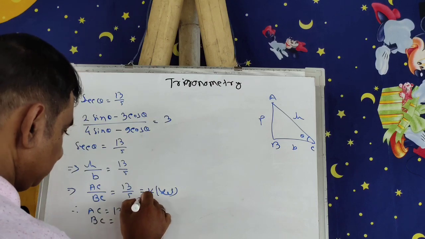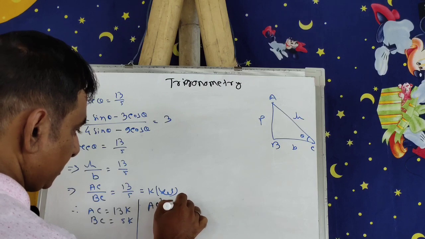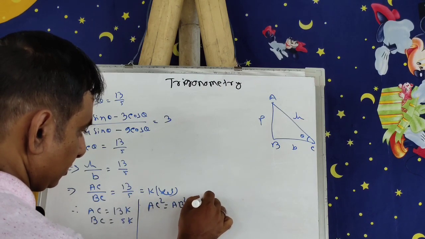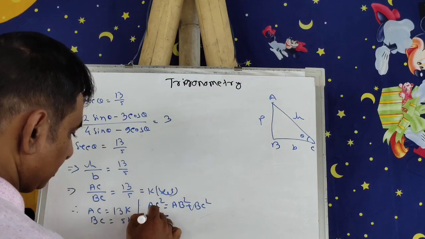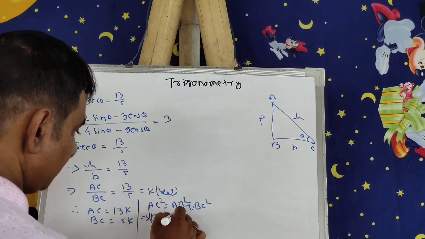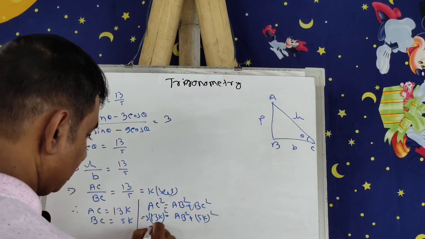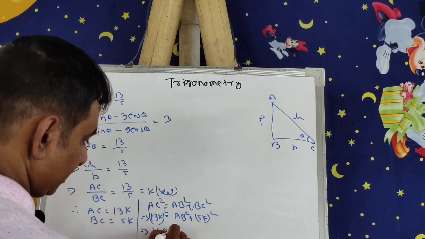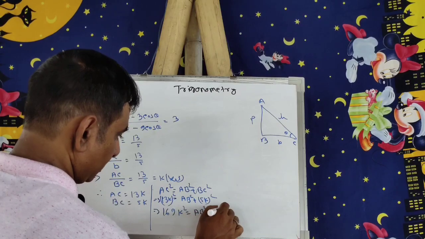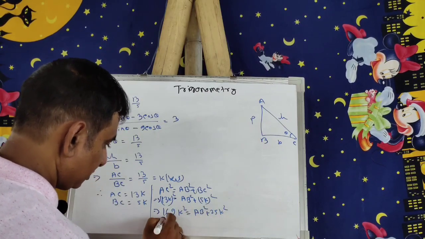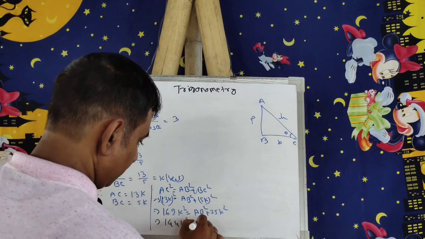So, AC square equal to AB square plus BC square, this implies 169K square is equal to AB square plus 25K square. This implies 169 minus 25 is 144K square equal to AB square.